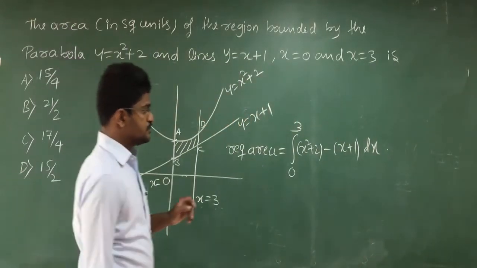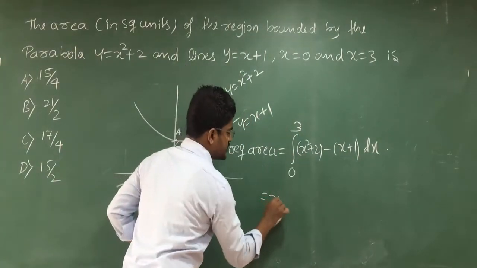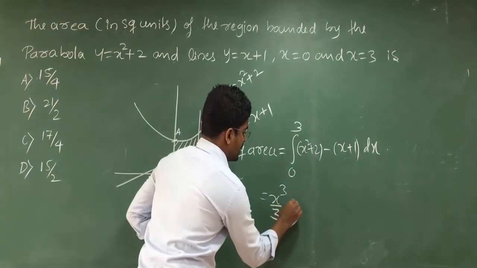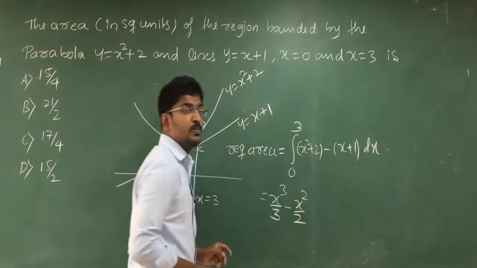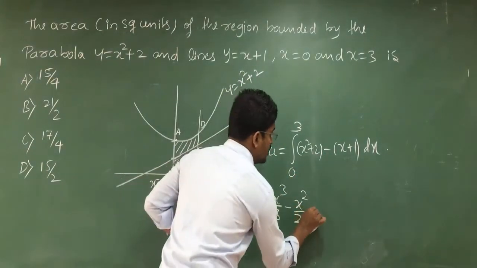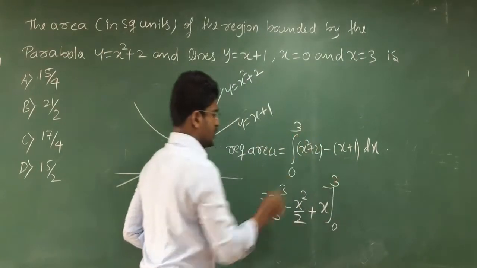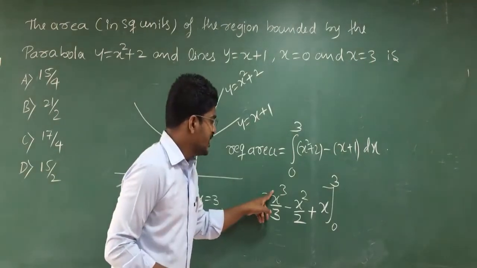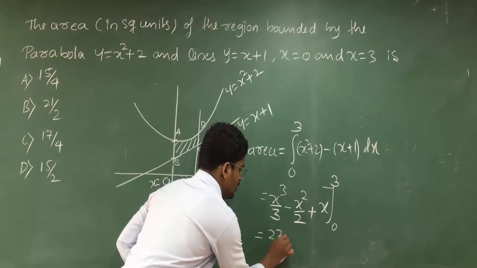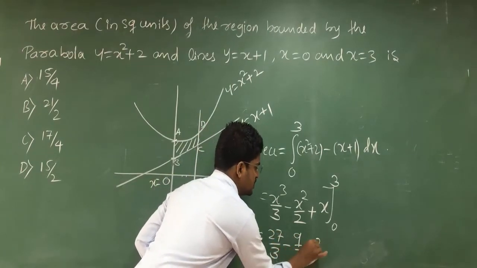Clear? So 2 minus 1 will be 1, no problem. Integration of x square will be x to the power of 3 by 3. This is minus x square by 2, no problem. 2 minus 1 is 1, integration of 1 is plus x from limits 0 to 3. Clear? So 3 cube is 27, 27 by 3 minus 9 by 2 plus 3.